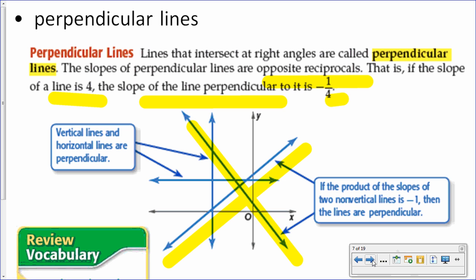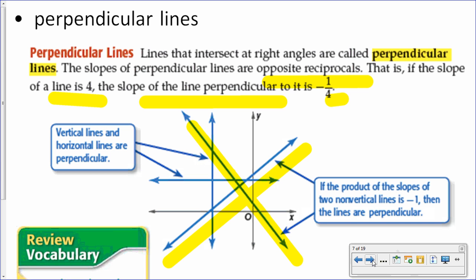Okay, perpendicular lines. How are these different? Perpendicular lines, what is it about their slopes that's going to be different than what we just talked about? Kind of the opposite reciprocals, right?